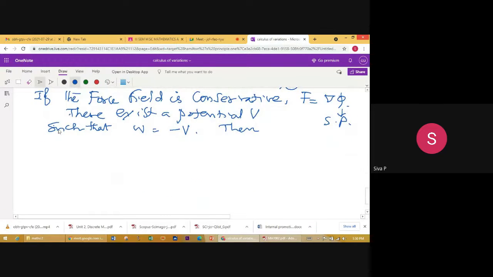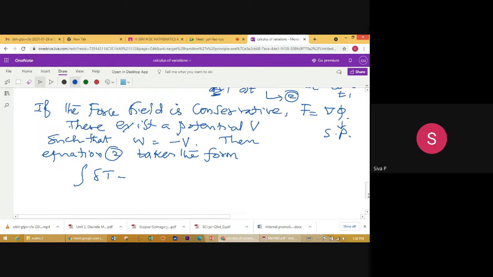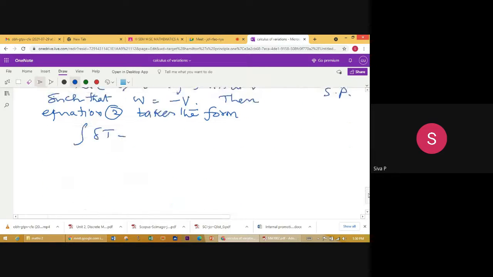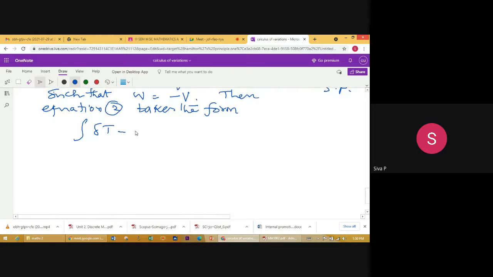Then equation 2 takes the form integral of delta T plus delta W, but W equal to minus V, so delta T minus delta V dt equal to 0.